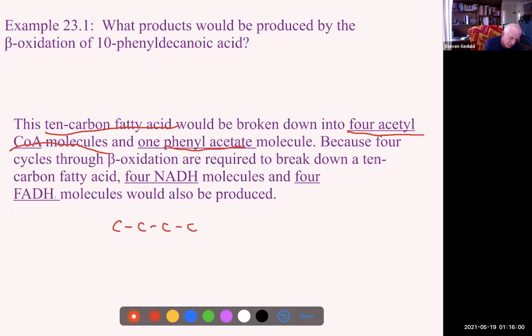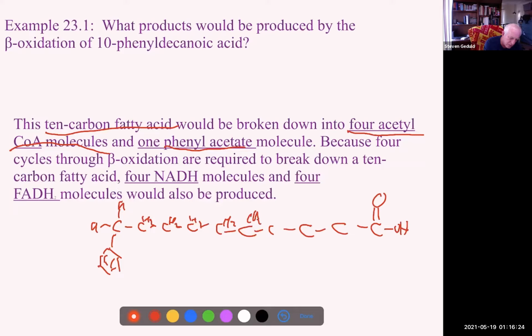3, 4, 5, 6, 7, 8, 9, 10. And at number 10, there's a phenyl group, and these are hydrogens. CH2, CH2, CH2, CH2, CH2, CH2, CH2, CH2.